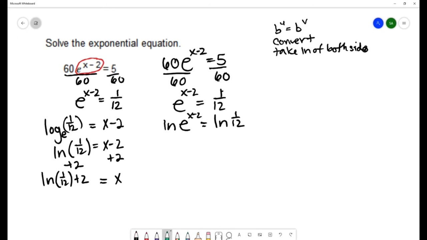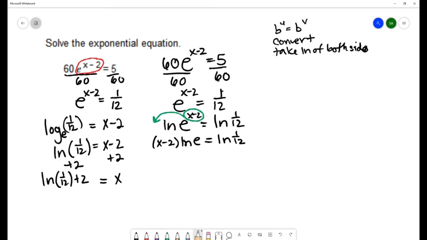Once you introduce the logs, you now are able to use the properties of logarithms. And one of the properties is the power rule. The power rule allows us to move that power into the coefficient. So this would be x minus 2 times natural log e equals natural log of 1/12.